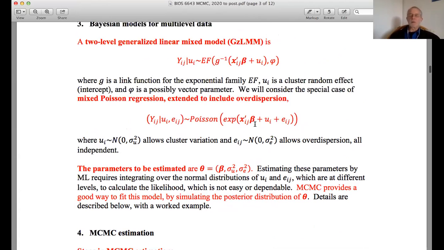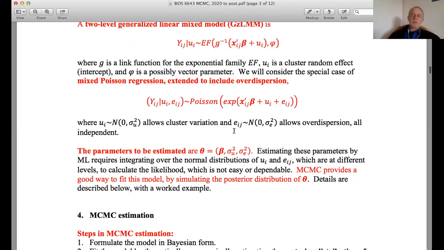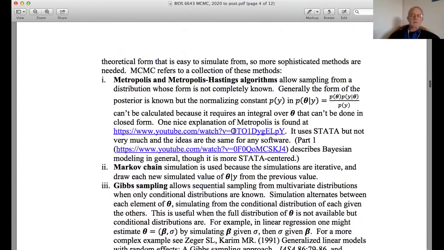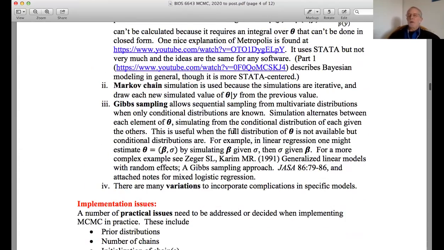Then using beta 1, you'd sample beta 2. Using beta 2, you'd sample from u sub i, or from the variance of u sub i, and on and on. You can chunk it up, so you can do all the betas at once, then all the variances at once. But the point is, Gibbs sampling allows you to go through the process in chunks, and some of these chunks are pretty easy to simulate from. This is one of the really early applications in statistics.